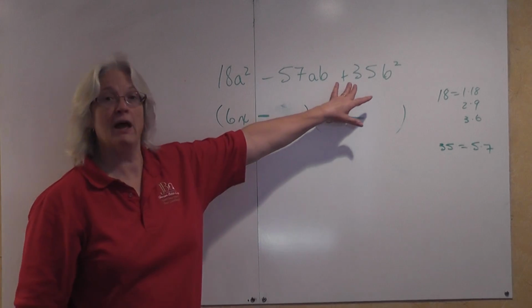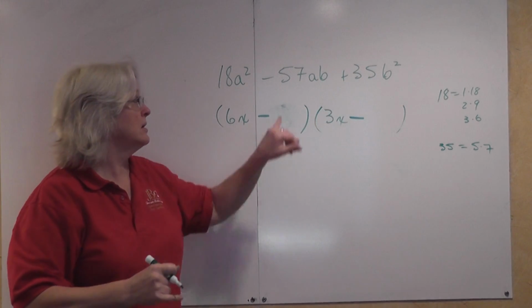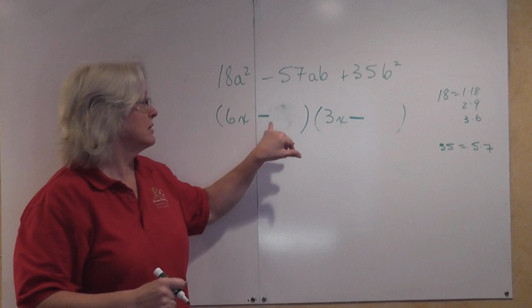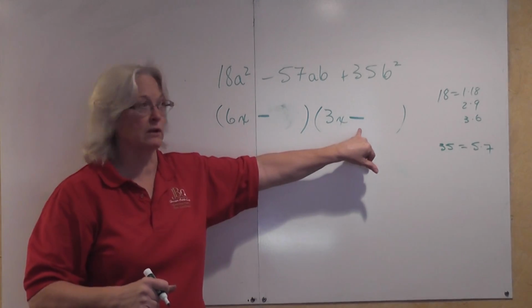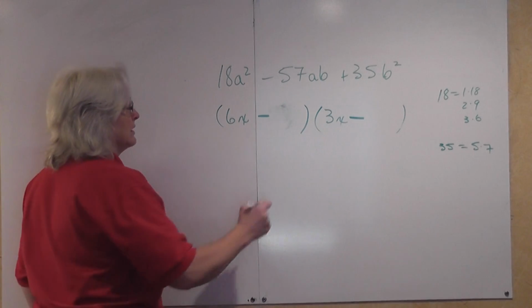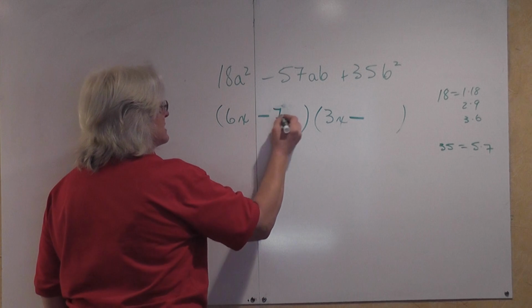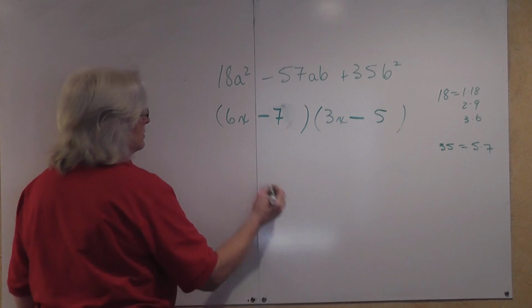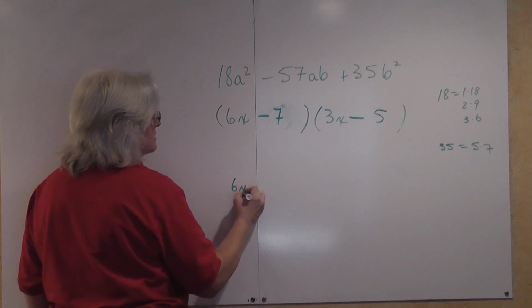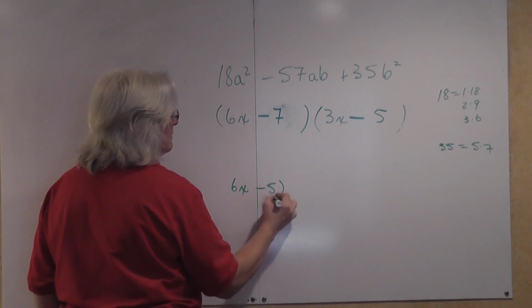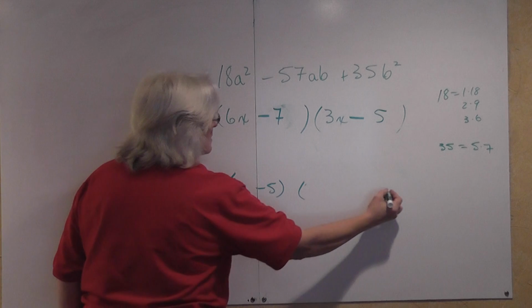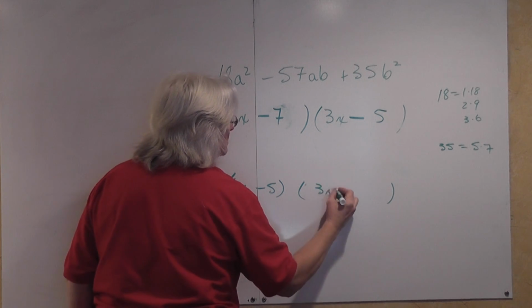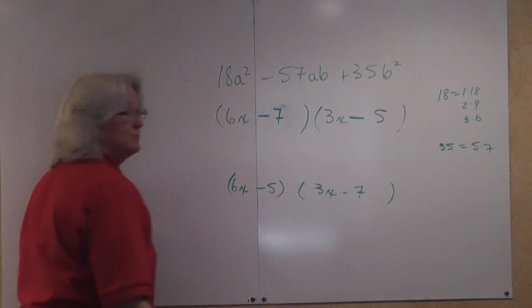Because we have to have a positive product but a negative sum, both of these factors have to be negative. So we can either put 6x minus 7, 3x minus 5, or we can say 6x minus 5, 3x minus 7.